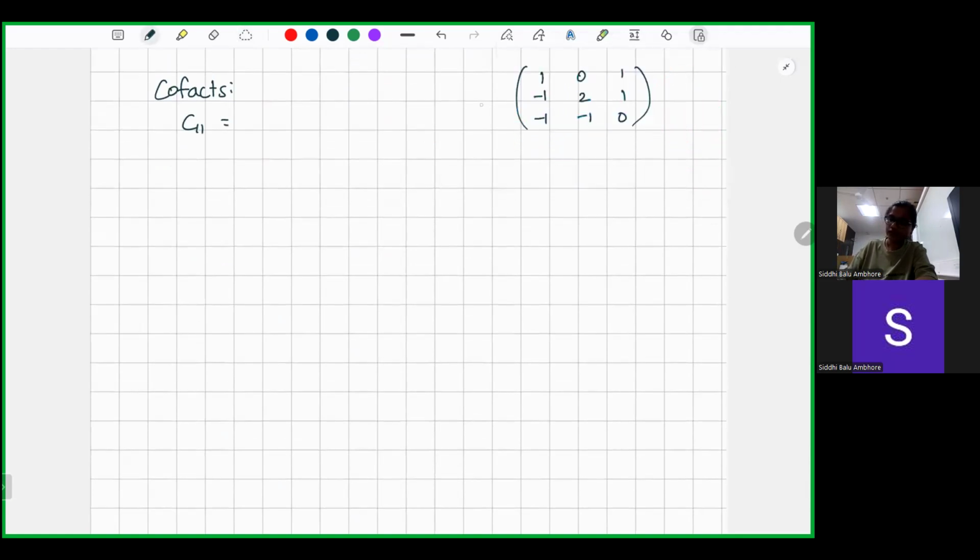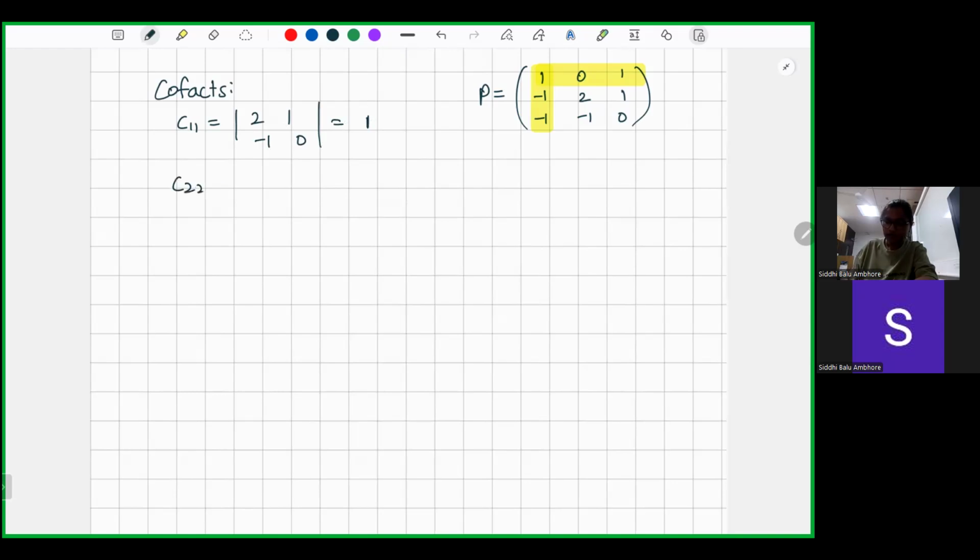Cofactor C11: removing this row and column, the determinant of 2, 1, -1, 0 is just 1.